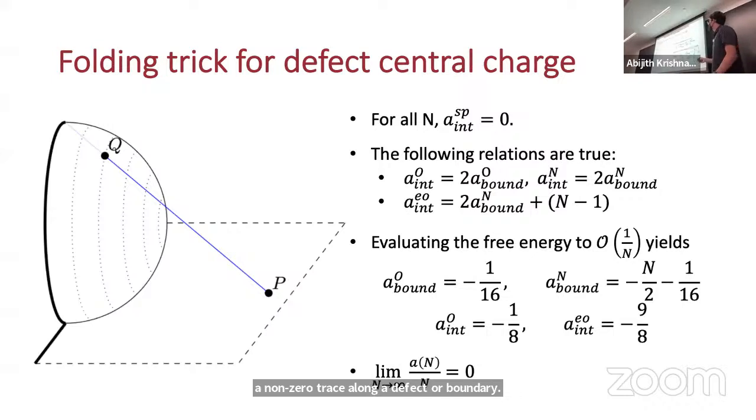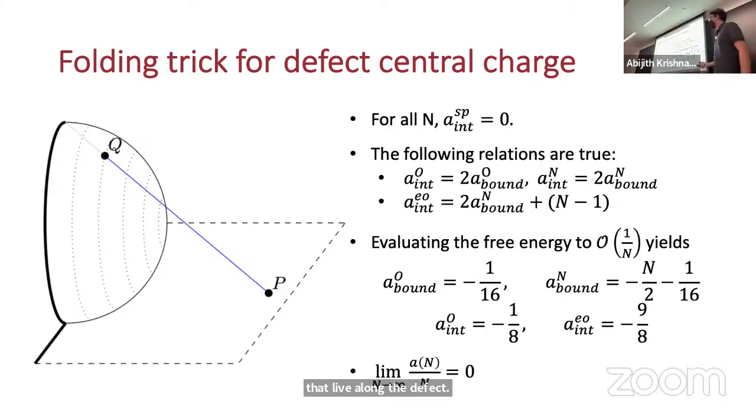Additionally, we know from our depictions of the different universality classes that the interface or plane defect universality class, ordinary universality class, corresponds to 2 copies of the ordinary boundary universality class. The normal plane defect universality class corresponds to 2 copies of the normal boundary universality class. And the extraordinary log universality class corresponds to 2 copies of the normal boundary universality class, plus the n-1 free scalars that live along the defect.